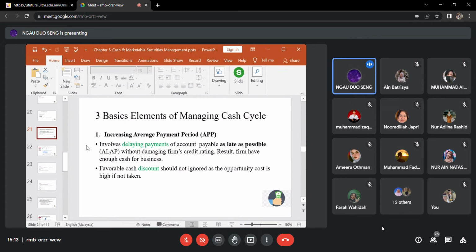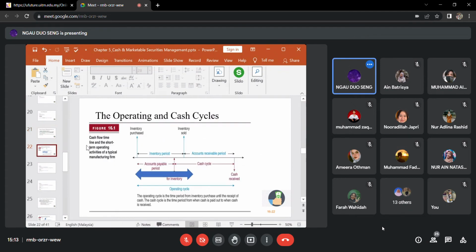Okay, so this one is to increase the payment period. You can see here, this is the account payable period. If you can prolong it, meaning you borrow from the bank less. If you increase the account payable here, your cash cycle will be shorter. A shorter cash cycle means the days you borrow from the bank will be shorter, so the interest will be reduced.